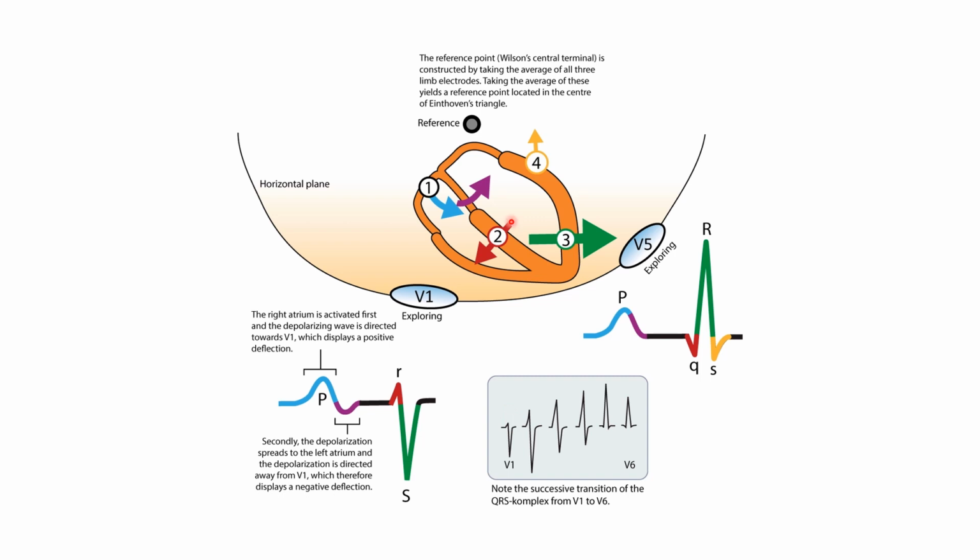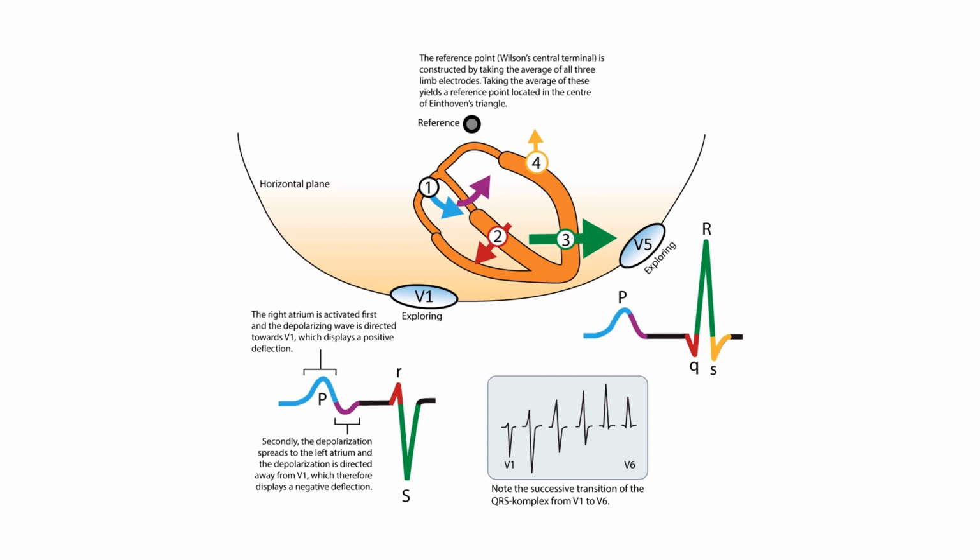Vectors that go towards a lead will make a positive deflection, and away from a lead will make a negative deflection. Because the septum here is not as muscular as the rest, you'll usually only see a small deflection in V1, like a small current moving that way, and after that you'll have a big current moving the opposite direction, right, down there.